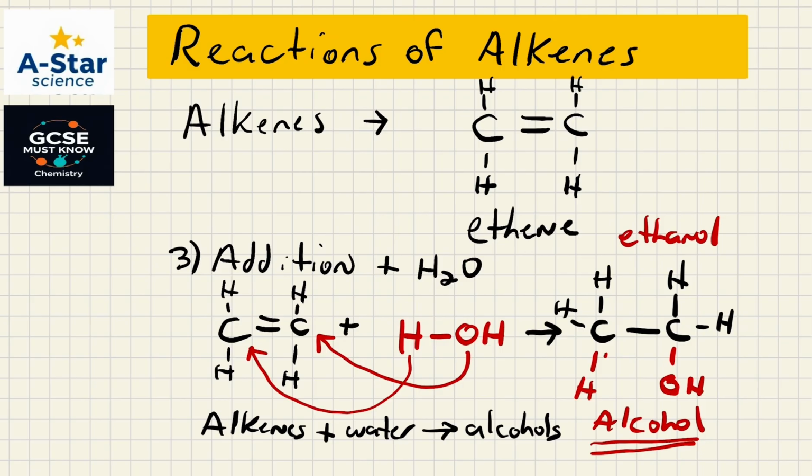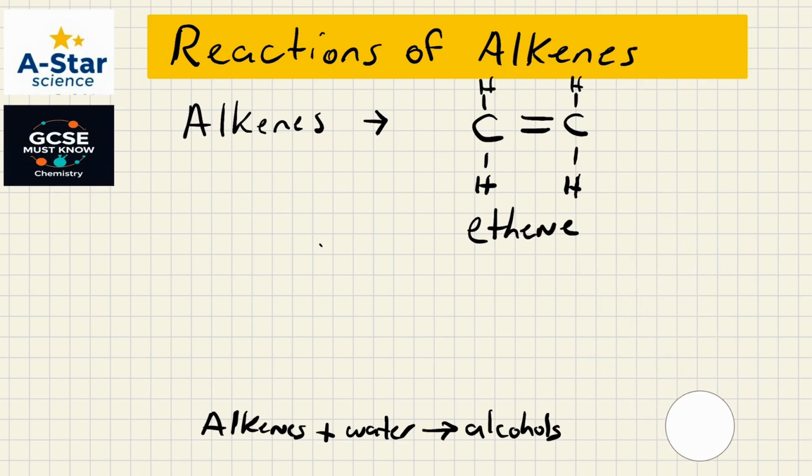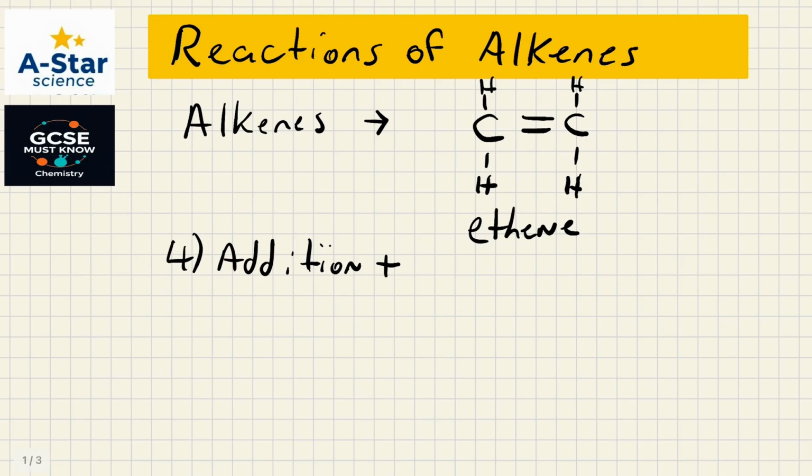Let's look at reaction number 4. This again is going to be an addition reaction. But in this case, we're going to use a hydrogen halide. So for example, hydrochloric acid.